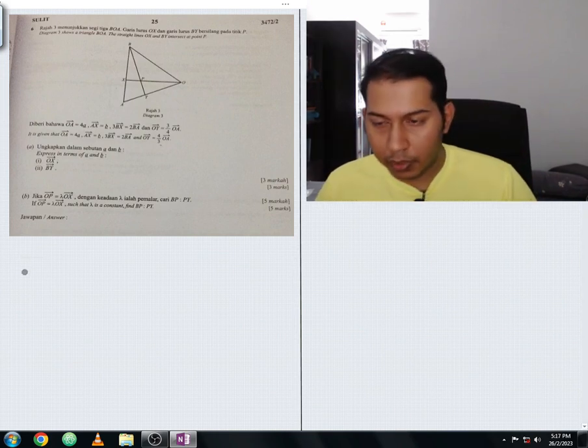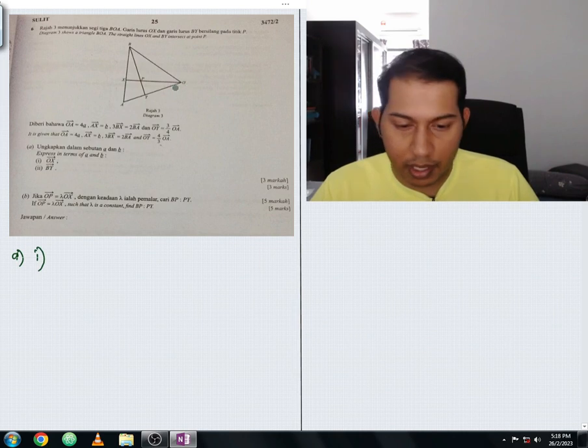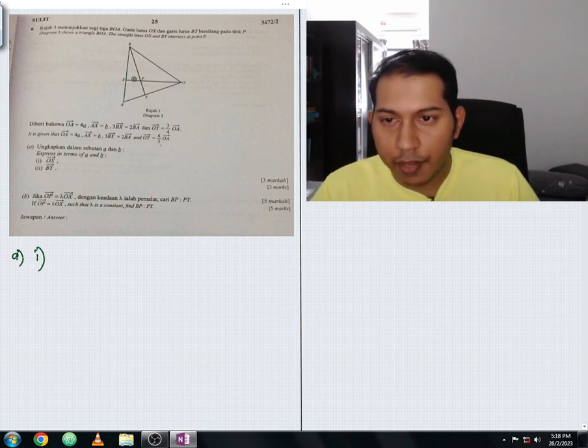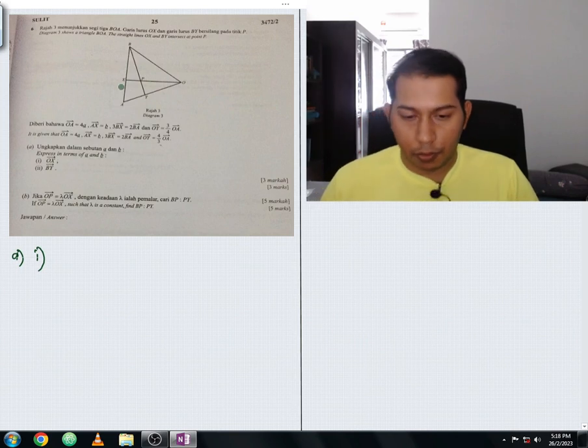Okay, so from here, question A part 1, we are required to find the vector OX. Okay, so vector OX, so this is actually the vector OX over here. So to find a vector OX, literally we can use a vector OA given by the question, and then you plus with the vector AX. Okay, very straightforward. From there you can straight away get the vector OX.